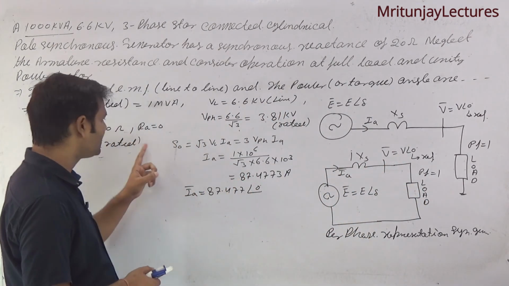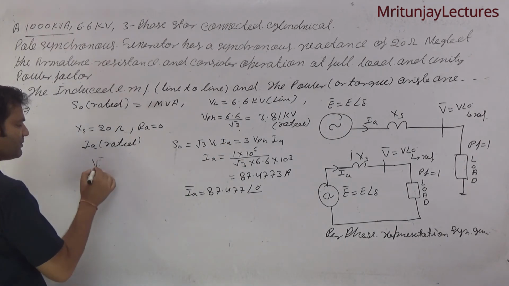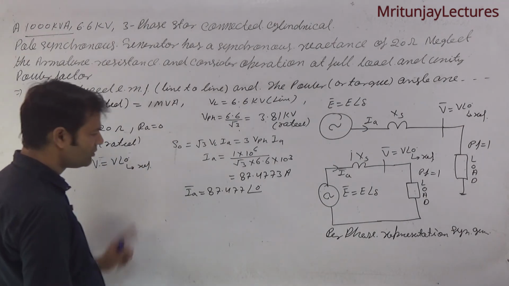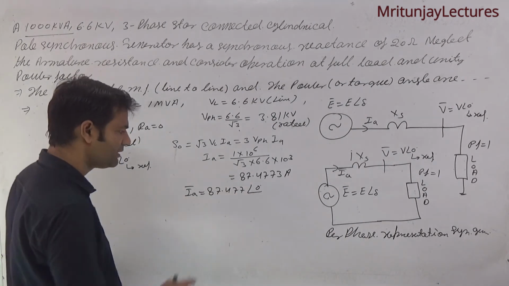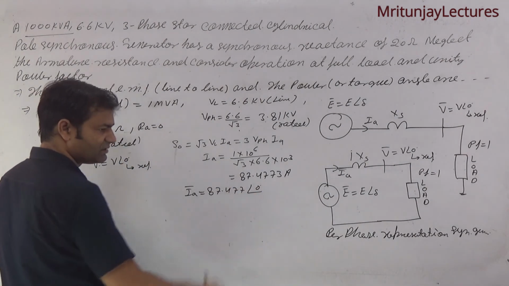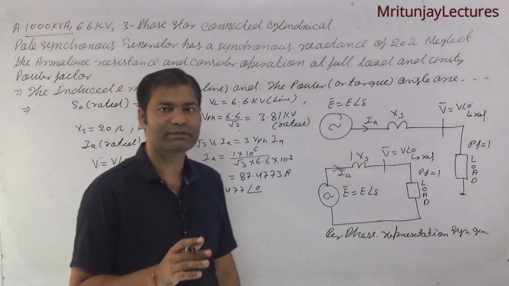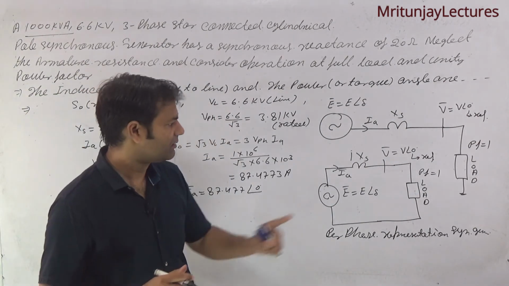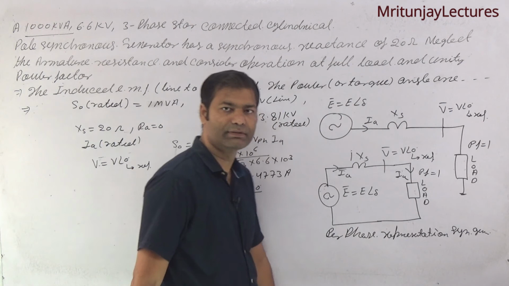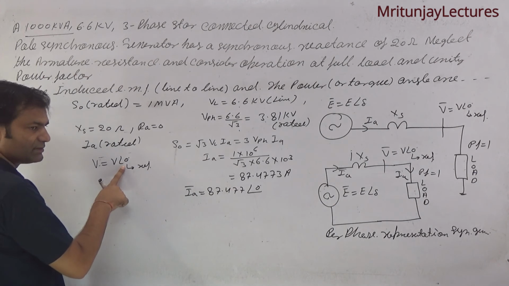V is the per phase voltage at the angle 0, the reference voltage, so IA is also written like this, corresponding to unity power factor. Otherwise, if V is at alpha, then I is also written at alpha for unity power factor, because unity power factor means zero angle between V and I. Clear? IA is written at the angle 0, decided by this voltage.